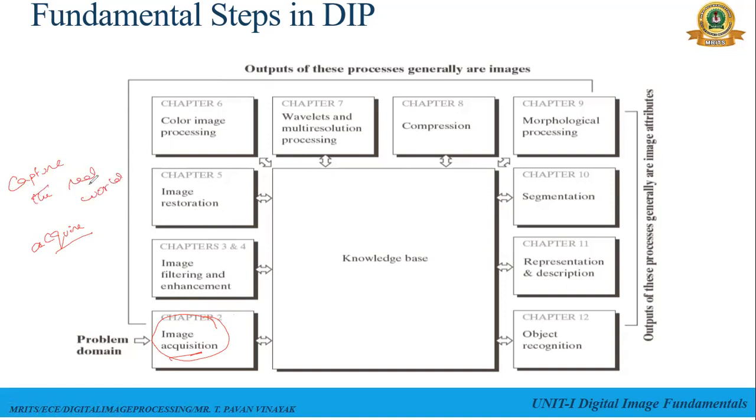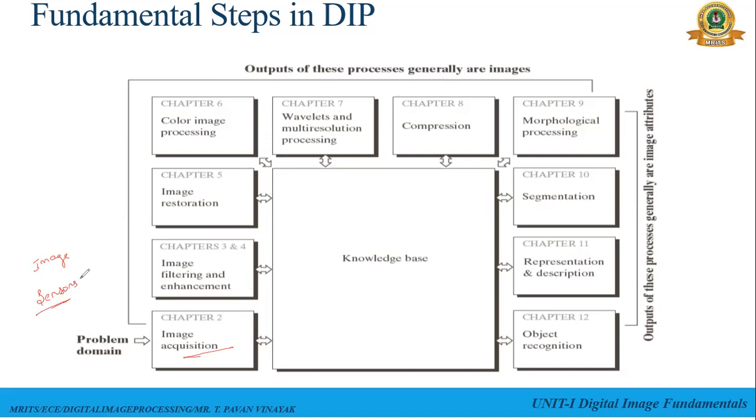If you don't capture, we don't get images. So capturing real world images means acquiring images, and we get them using image sensors.